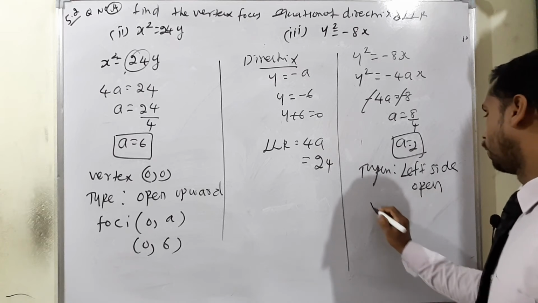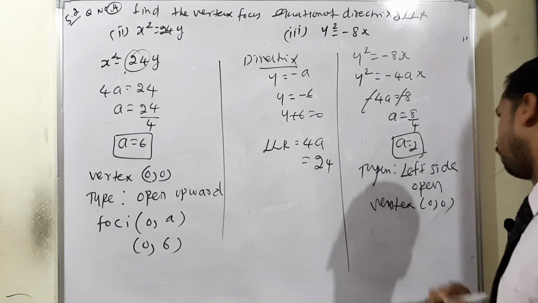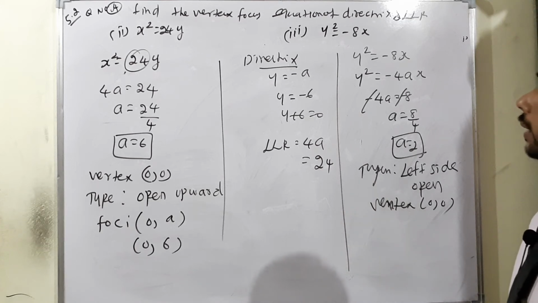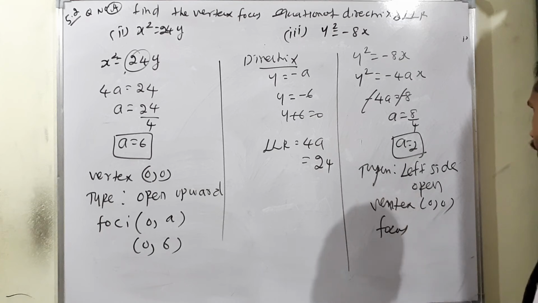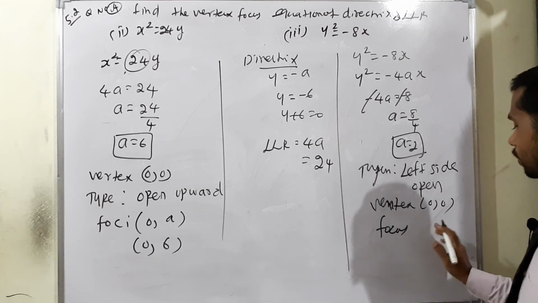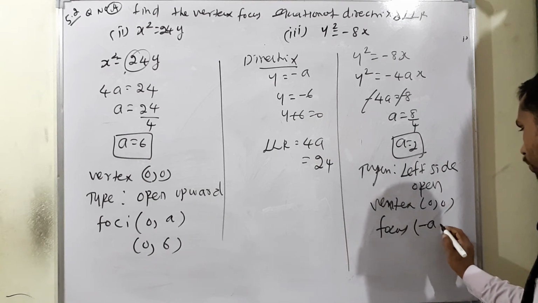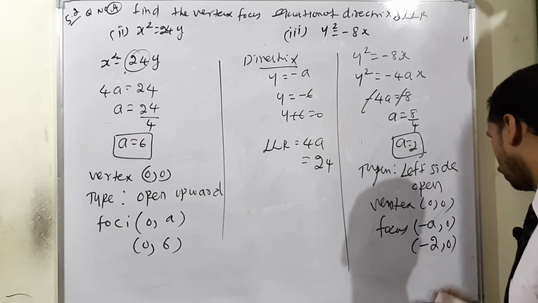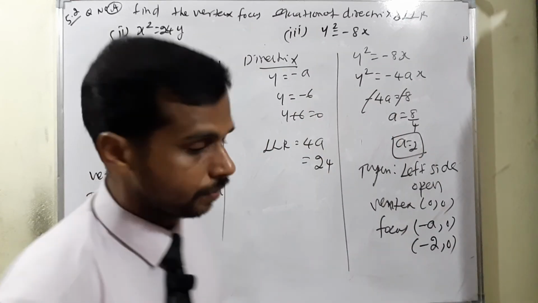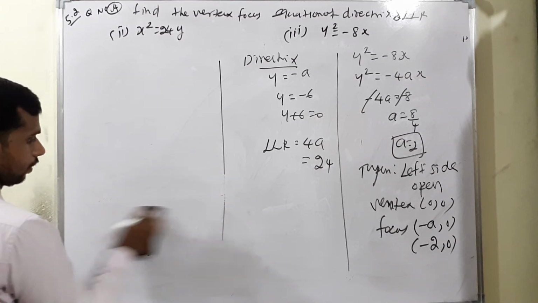So left side open means simply we can say vertex is the origin 0, 0. Then after getting the vertex, then focus, isn't it? So focus: 0, 0 is the vertex. Focus means negative a, 0. Negative a, 0 means negative 2, 0. Then directrix, equation of directrix.